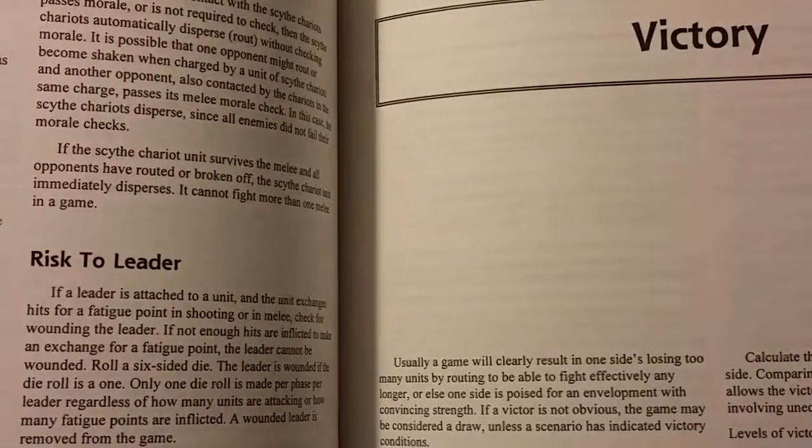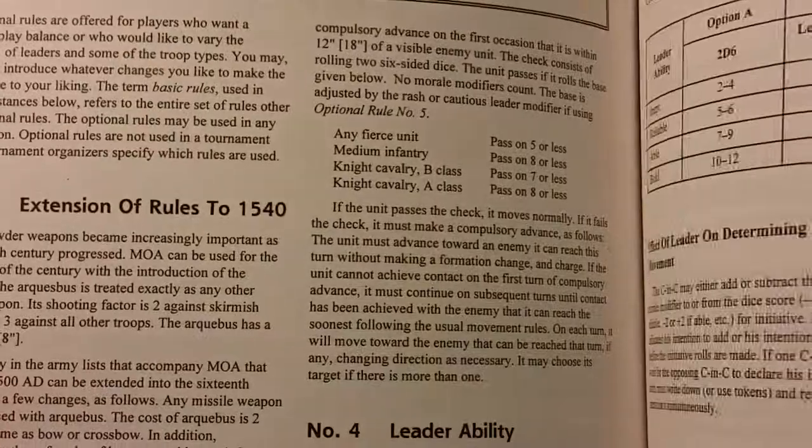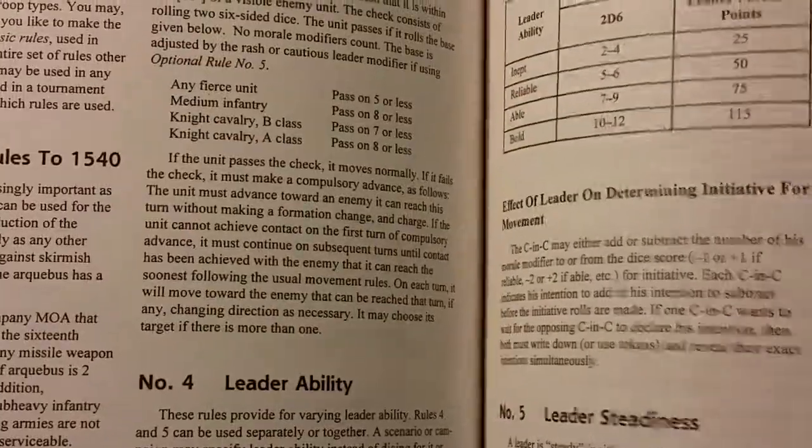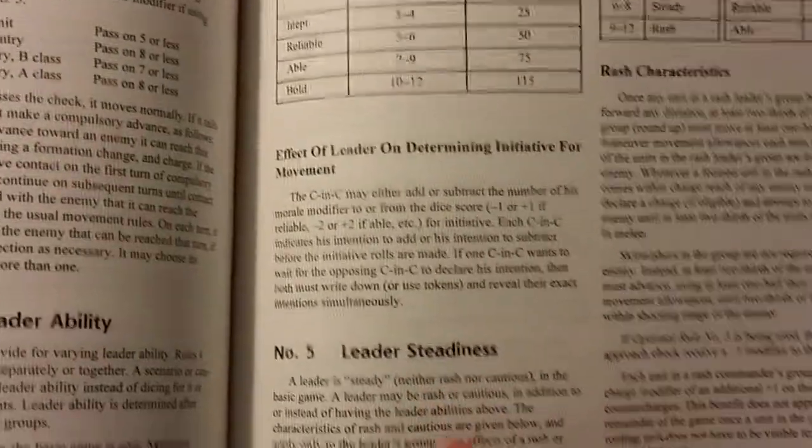So victory, troop point losses. Okay, so these are all the optional rules we looked at. Leader abilities. These are as interesting as they sound. So, leader steadiness.